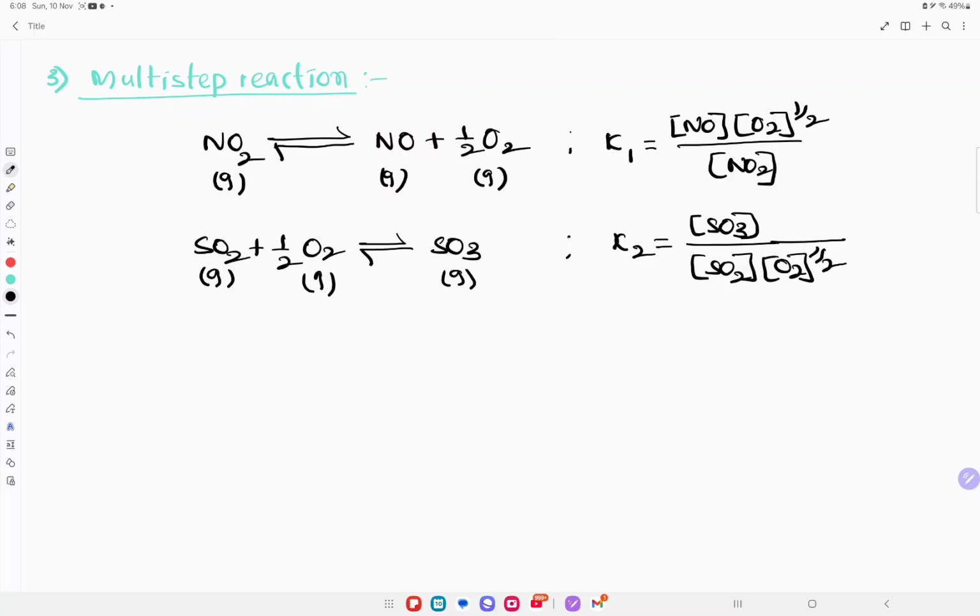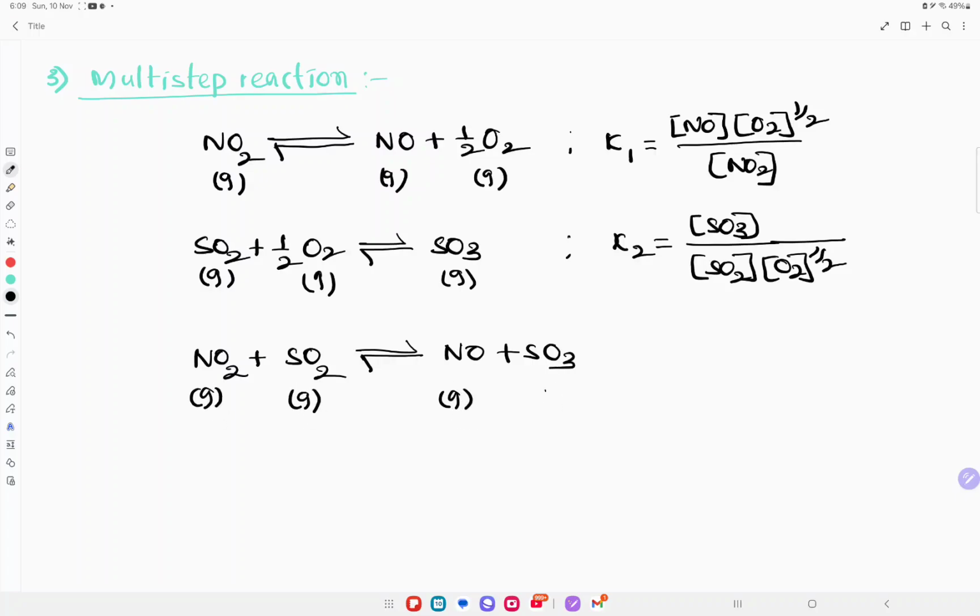If the third equation is like this, NO2 plus SO2 gives rise to NO plus SO3. All are gases.